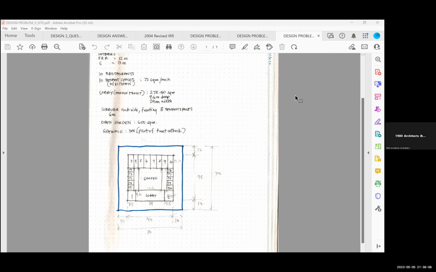Actually, your plotting is more correct. It makes more sense with the statement. What was confusing is that the 9.6 is right: 48 divided by 5, with the restaurants on both sides at 5 each, equals 72 square meters.